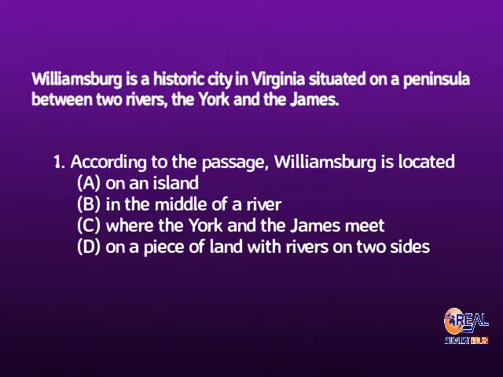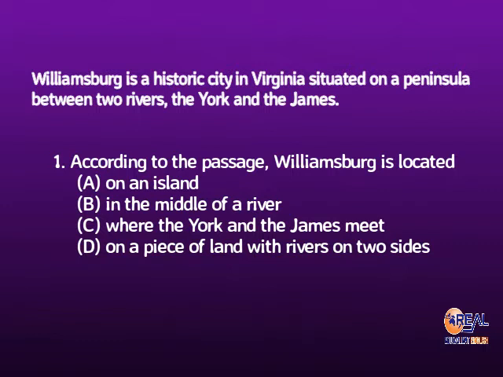So let's see the choices listed. The answer to this question we can find generally in the passage. So the first question asks about the Williamsburg location, right? The answer A is incorrect because Williamsburg is not located on an island. The passage states that it is situated on a peninsula, right?